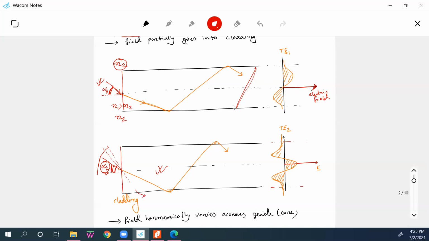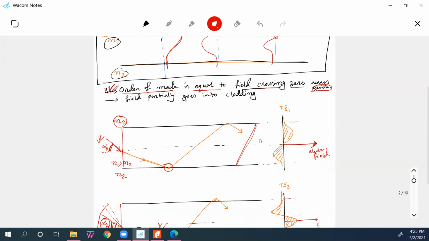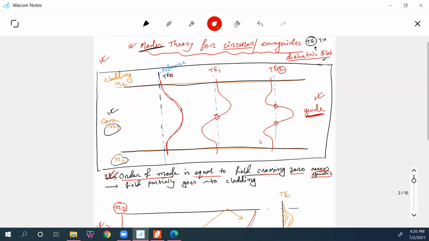We discussed this phenomenon previously, right? Total internal reflection is not happening, which means light is leaking from the system, which we do not want. Understand, guys? Yes, sir.